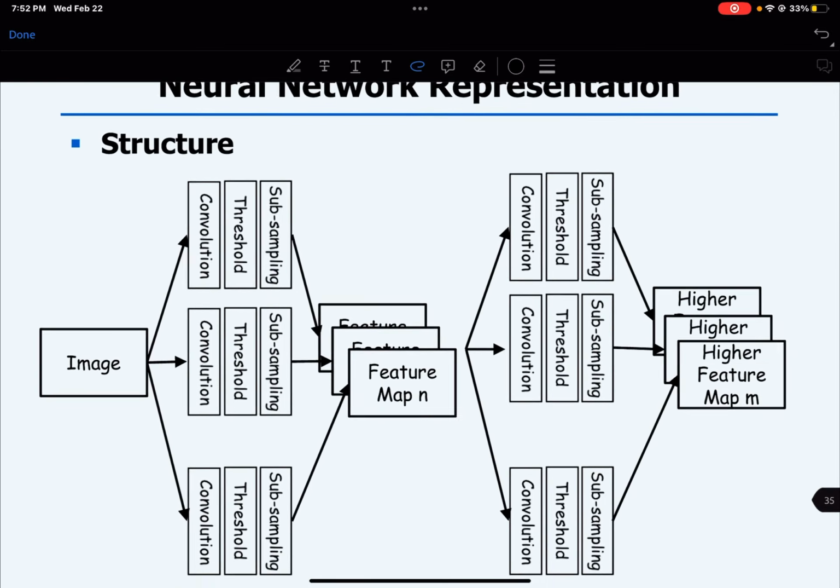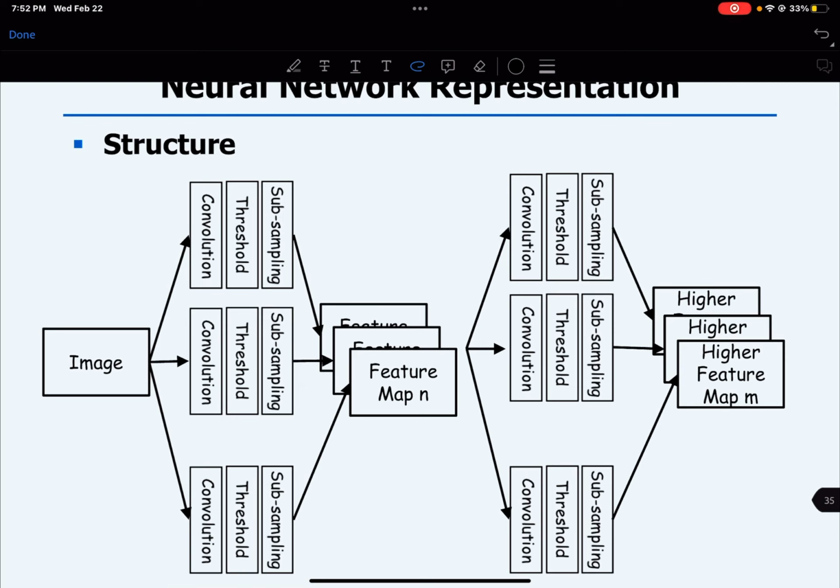So the structure of the neural network would be your input image. Then you have multiple neural network components, which lead to an intermediate feature map. Then you have the next layer with neural network components that extract the features to obtain your higher-level feature maps.